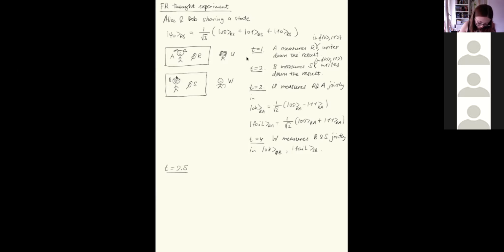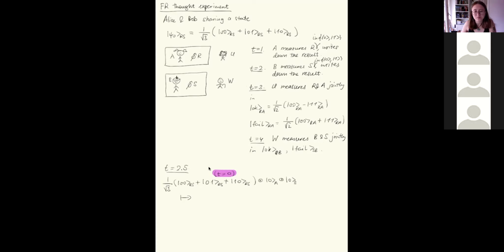So we start with a state labeled up there as psi0 RS, I'll just rewrite it here. And also assume that our memories A and B are, so this is at time t equals 0, initialized in a state 0.